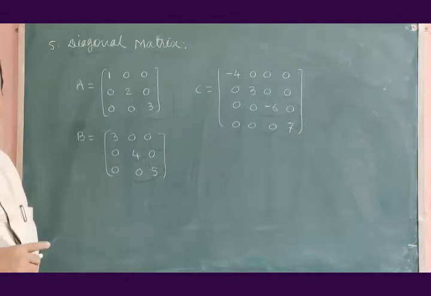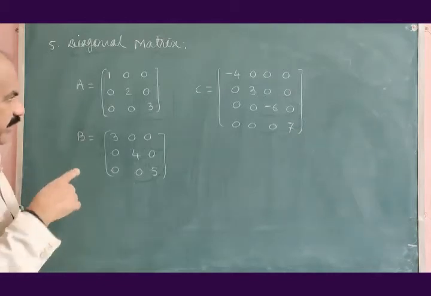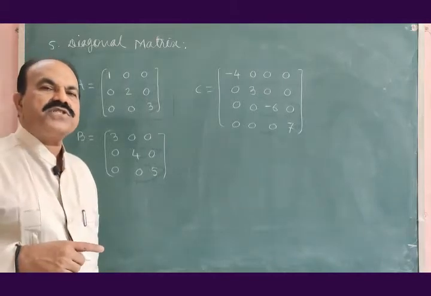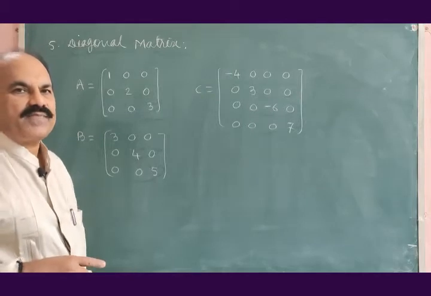Matrix B, it is also a square matrix, 3 by 3 matrix. Matrix C, it is also a square matrix, 4 by 4 matrix.